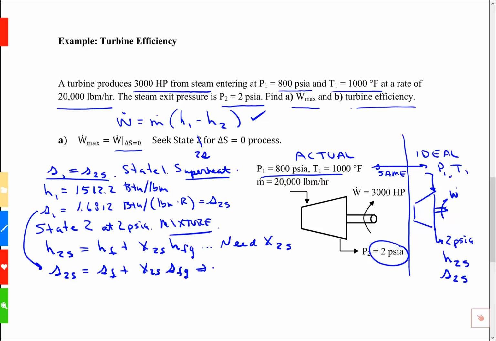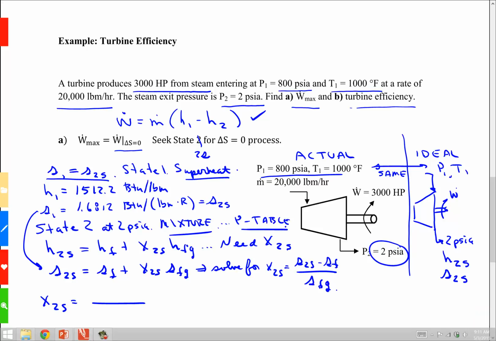And we're going to solve for X2S, which is S2S, the value that we know already, minus SF from the table, divided by SFG from the table. So let's go get some table values and fill out this expression. We need to go back to the table, and at 2 psia would be the mixture, the pressure table.